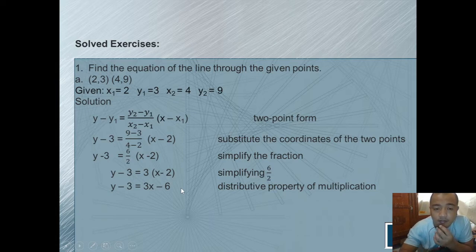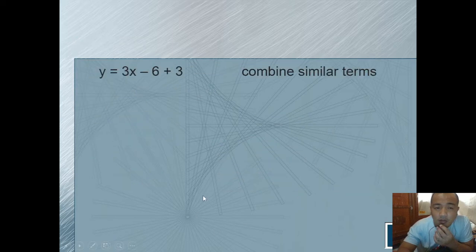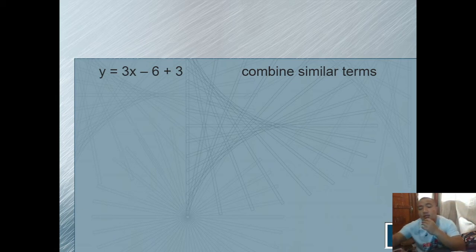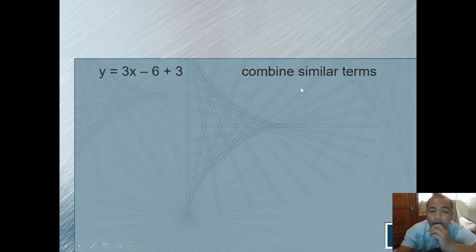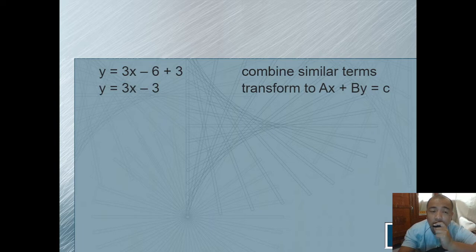Then what's next? We will combine similar terms. y equals 3x minus 6 plus 3. Transpose natin yung negative 3 from the left side of the equation. We have y equals 3x minus 6 plus 3. Negative 6 plus 3 is negative 3. So we have y equals 3x minus 3.